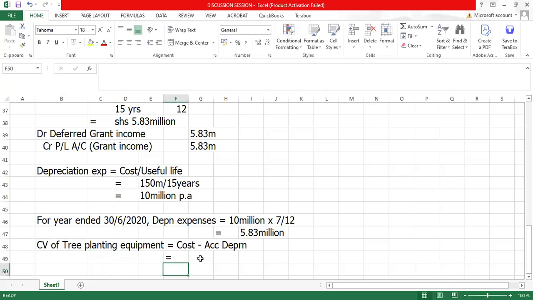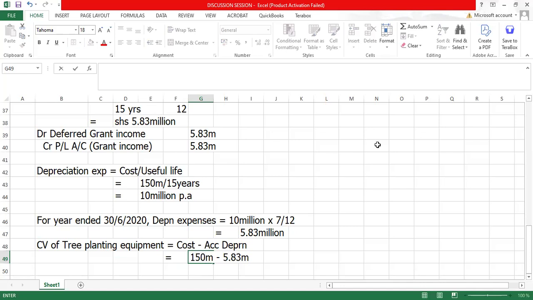And the cost is 150 million minus accumulated depreciation, which is only now the depreciation we have, 5.83 million.